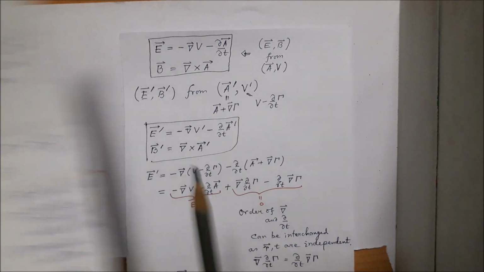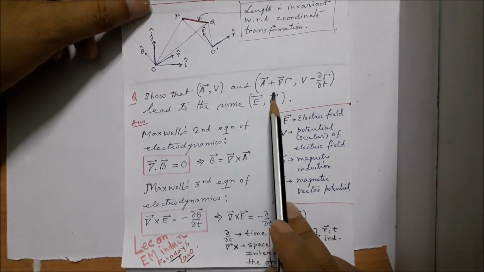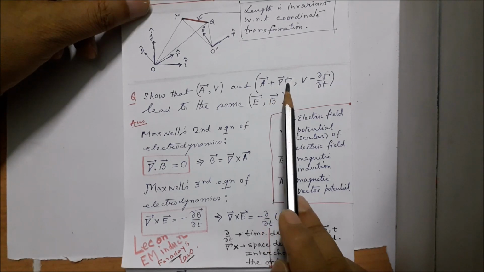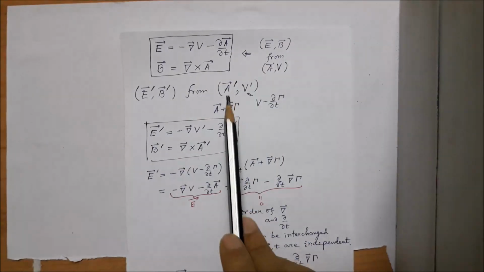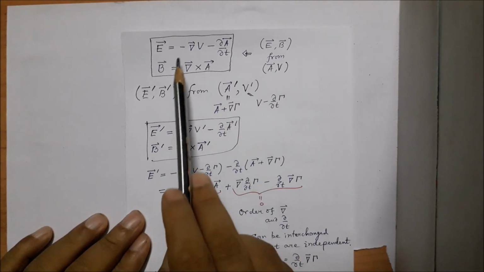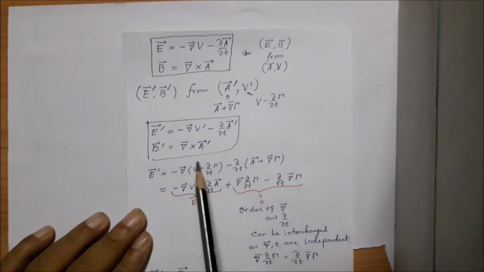Now in this problem, the special choices that we were asked to make were A plus grad of gamma and V minus del del T of gamma. So we can make these choices here, and therefore we can rewrite this with this set of potentials.